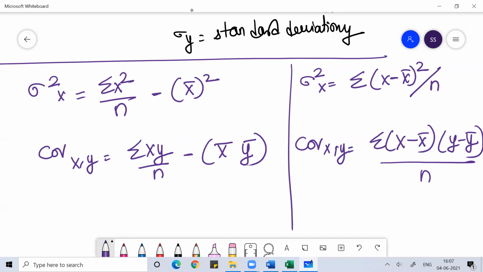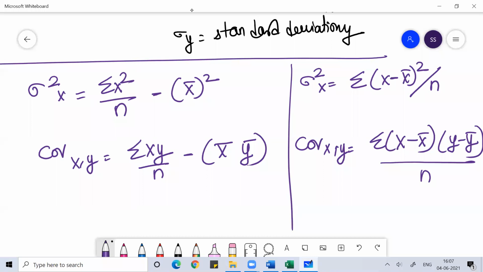Is this part clear? So standard deviation of x, variance of x formula, then how we can write the same thing, the covariance, in terms of standard deviation or variance. I think everyone understood. Anyone any doubt?